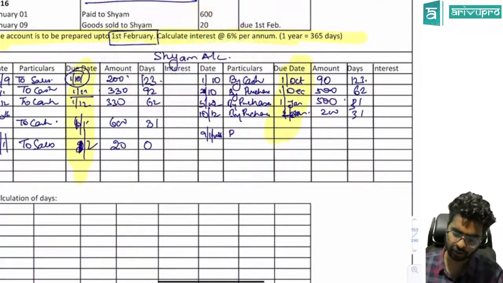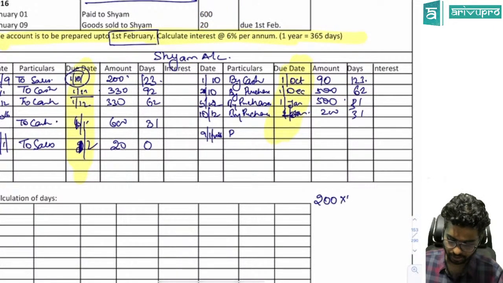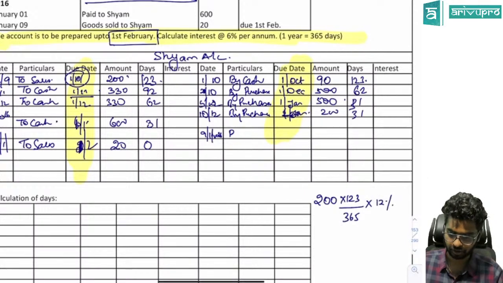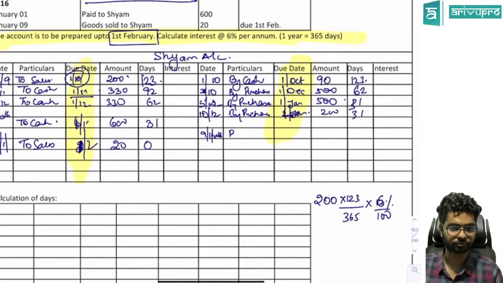Now individually you have to calculate interest at the rate of 6%, that is 200 into 123 divided by 365 into 6 by 100. How much does it come to?